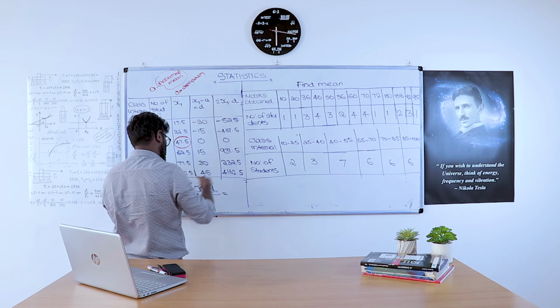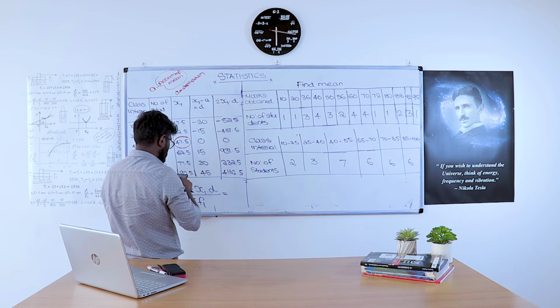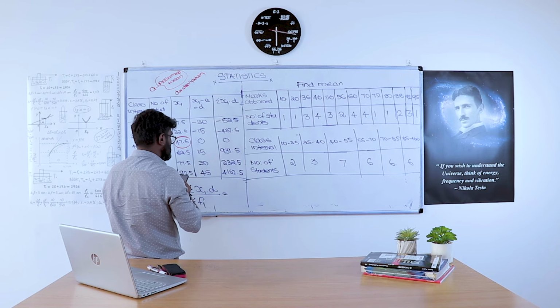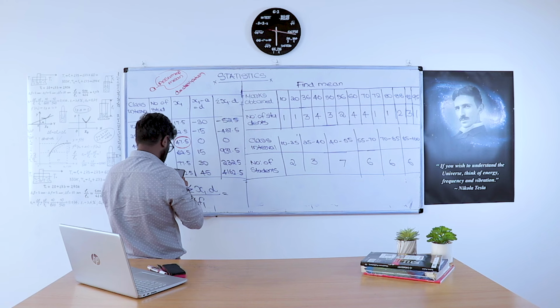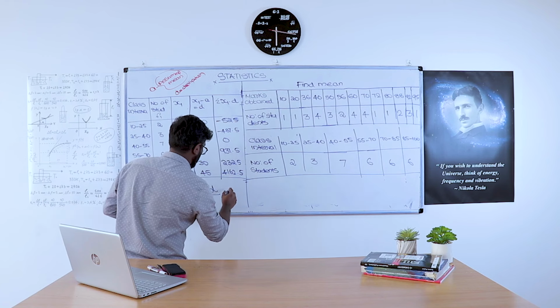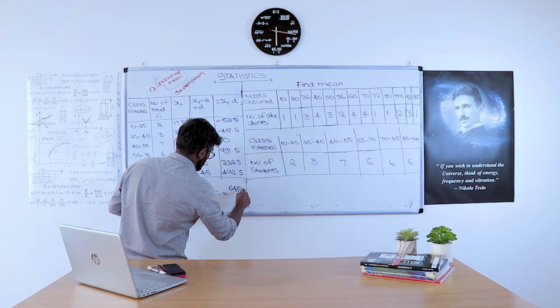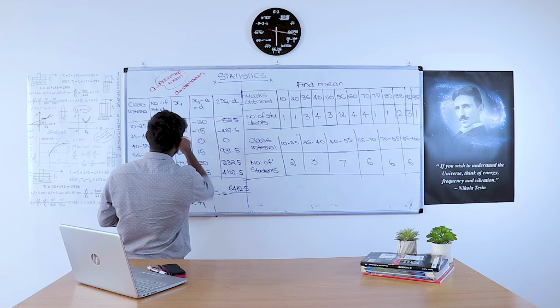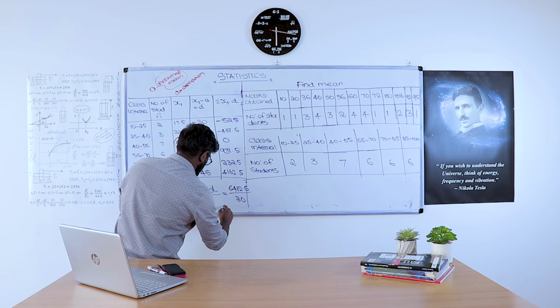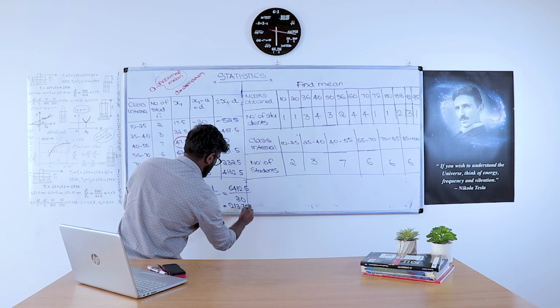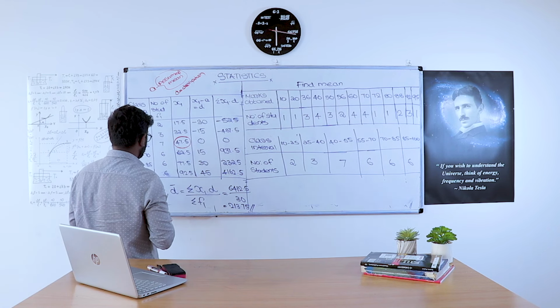We have to take the sum of all the values here: 937.5 plus 2325 plus 4162.5 equals 7425, minus 525 minus 487.5, that is 6412.5. 6412.5 divided by summation fi, which is 30, we know. 6412.5 divided by 30 is 213.75.